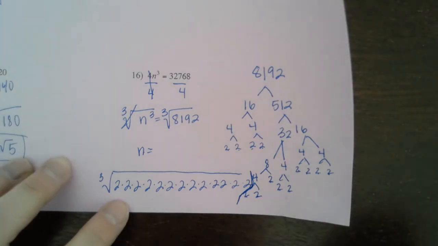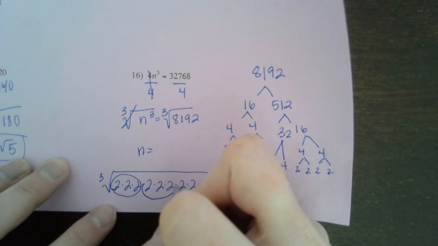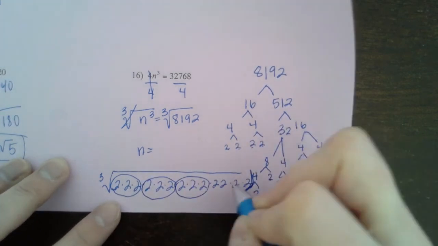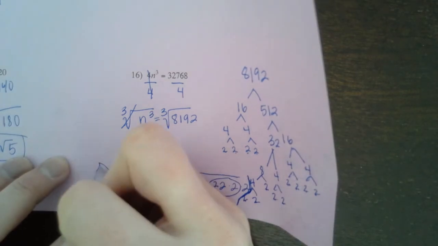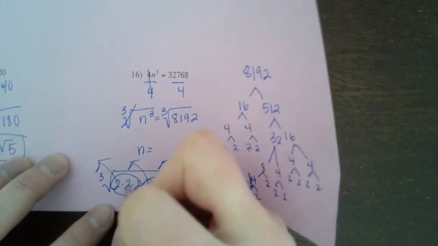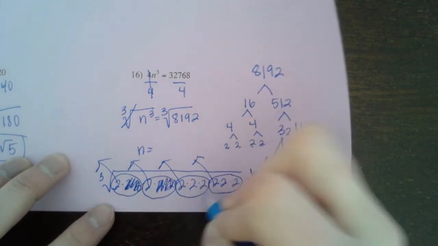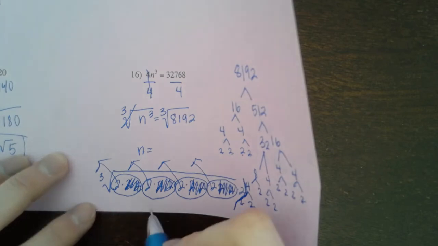Groups of 3. So I have 1 group of 3, 2 groups of 3, 3 groups of 3, and 4 groups of 3, and 1 little 2 stuck. So this one goes out, this one goes out, this one goes out, this one goes out, and all of these go away.